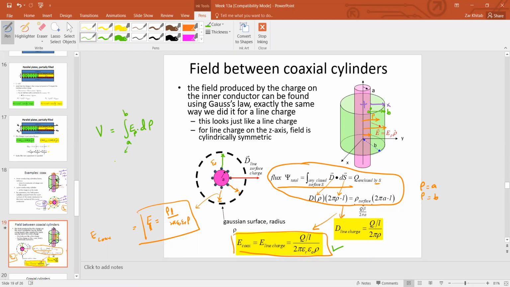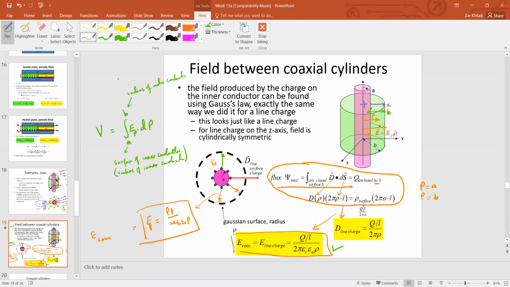This is the surface of the inner conductor, or say the radius of the inner conductor. And B is what? The radius of the outer conductor.